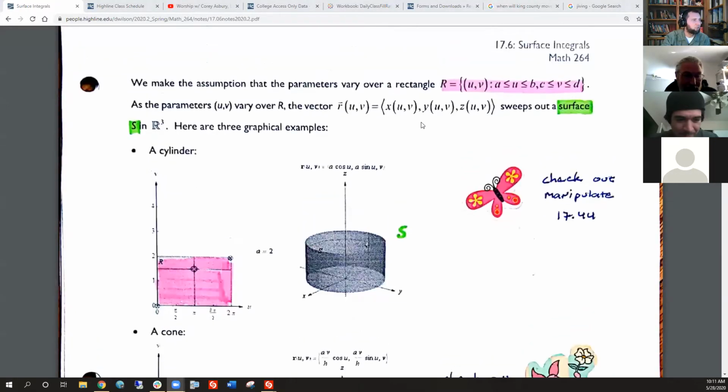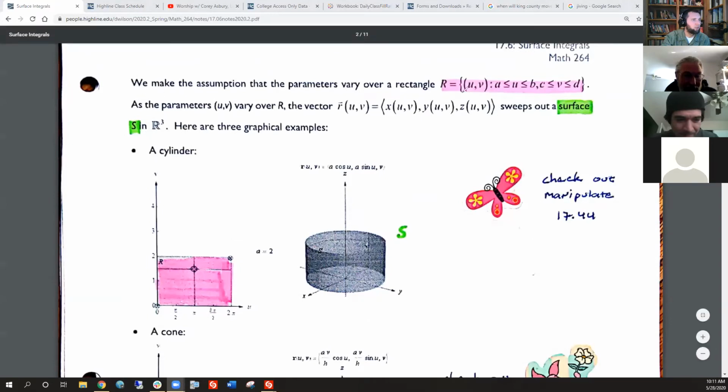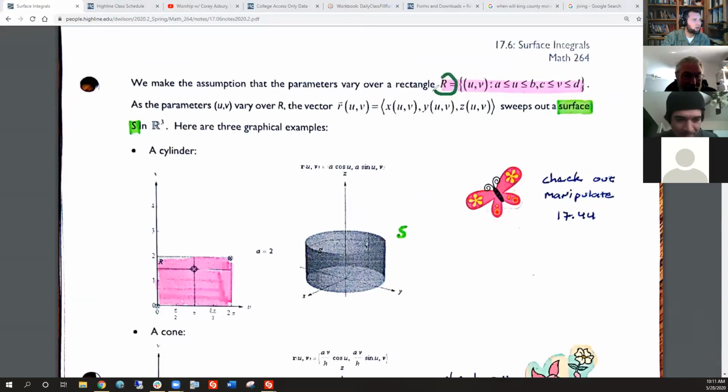Okay. So just to help you with this color coding, notice that R is where the world of the parameter lives. It's the parameter world. And then S, this is our 3D world.